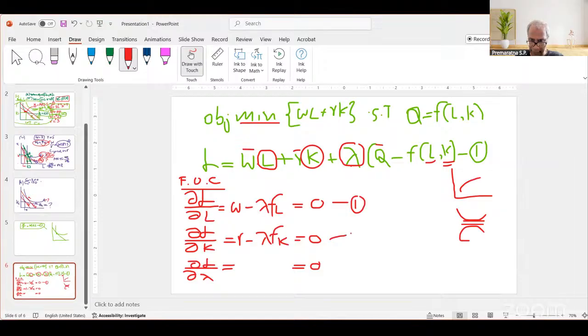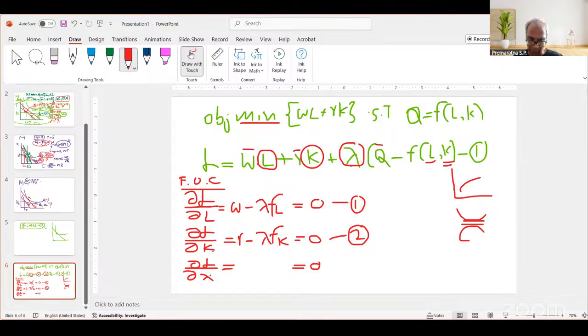Now with that, we get the second equation. Now, if you can see, the Lagrangian method first order condition: the first equation you get that way, and the second equation with respect to K, you get that.